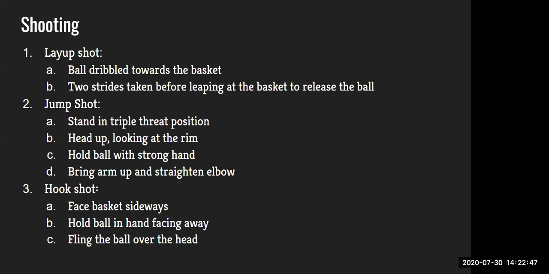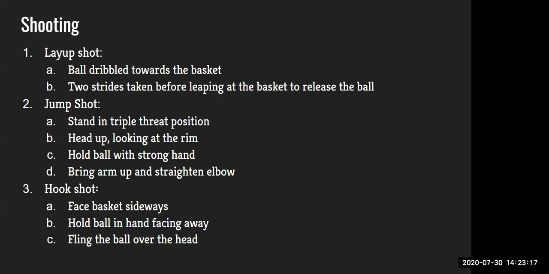A triple threat position is the standard shooting position. You stand on both your feet, your ball is in front of your body, and you're ready to shoot. It's used by every player, so they can be aggressive.